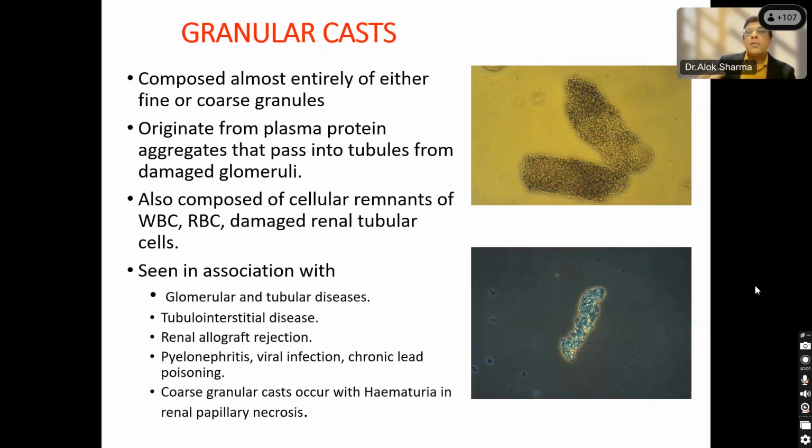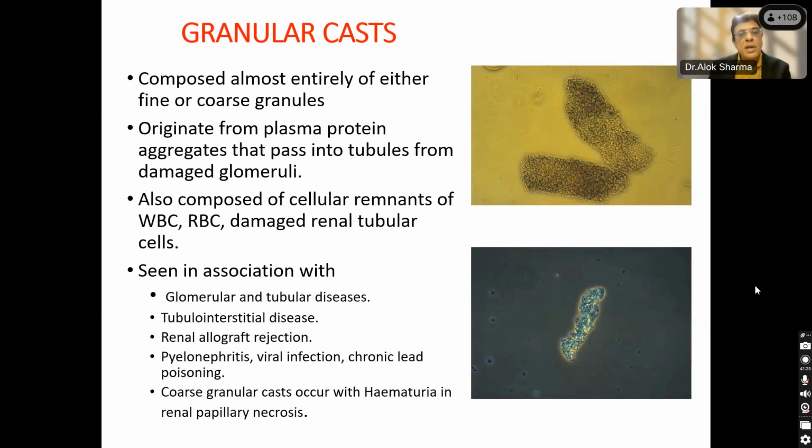These originate from plasma protein. These granules are basically composed of plasma protein aggregates that pass into the tubules from the damaged glomeruli. And many times these granules are also composed of cellular remnants of WBCs or RBCs or damaged tubules. So you don't see the cellular elements themselves, but you see remnants of their cytoplasm.